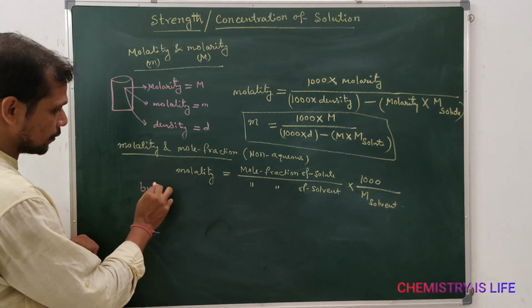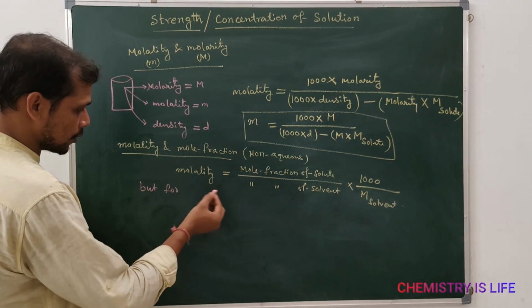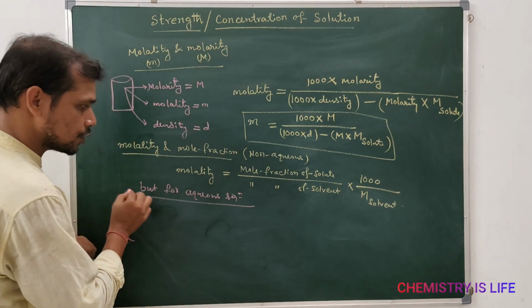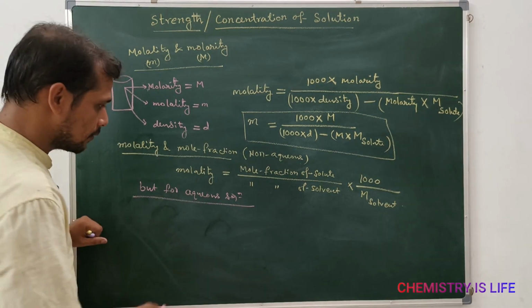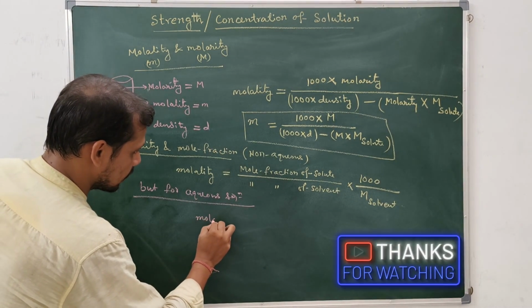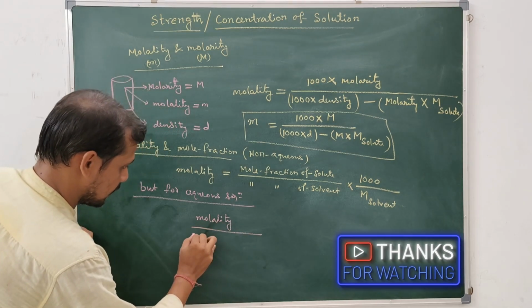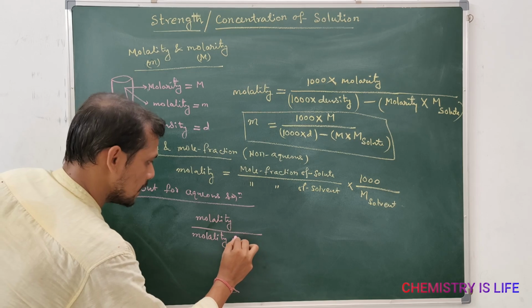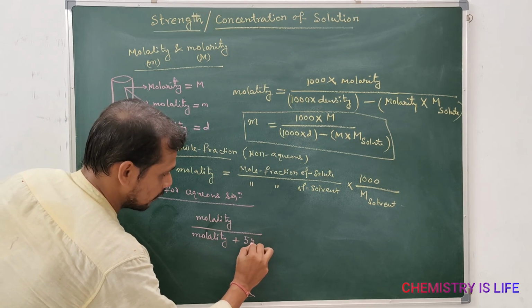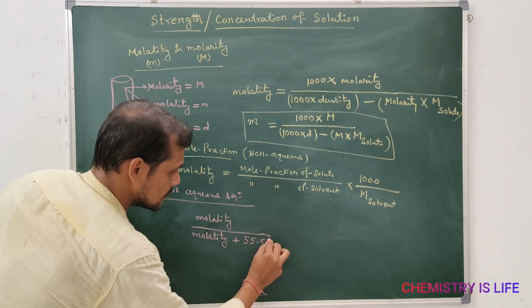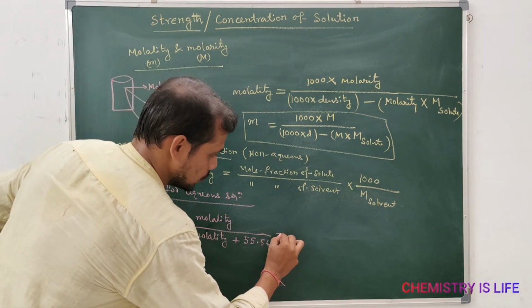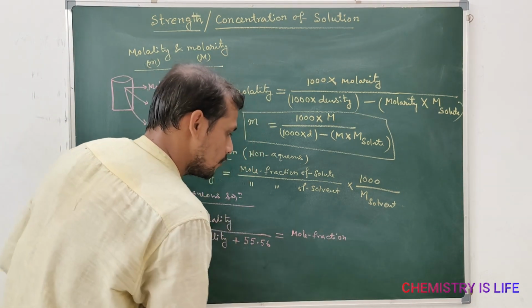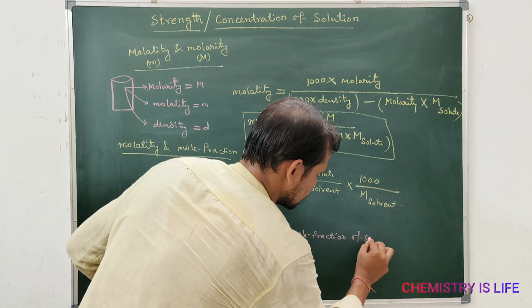But for aqueous solution, it is far easier to remember. For aqueous solution, when the solvent is water, molality divided by molality plus 55.56 equals the mole fraction of solute.